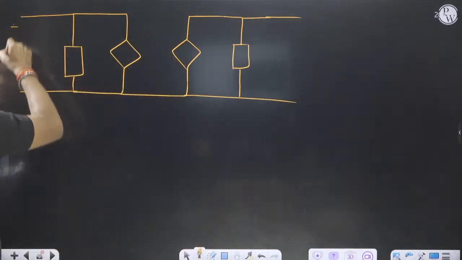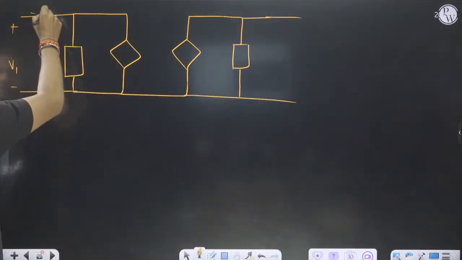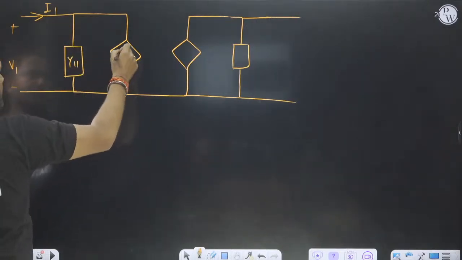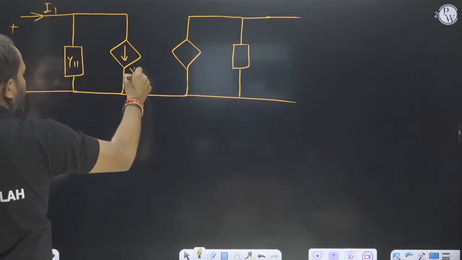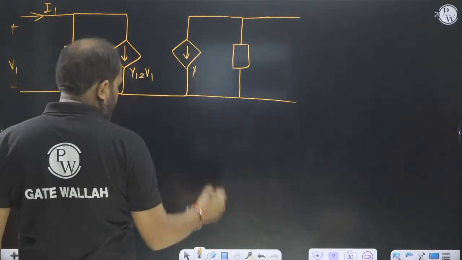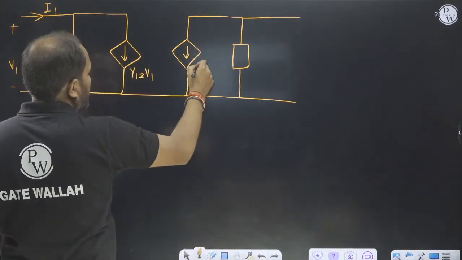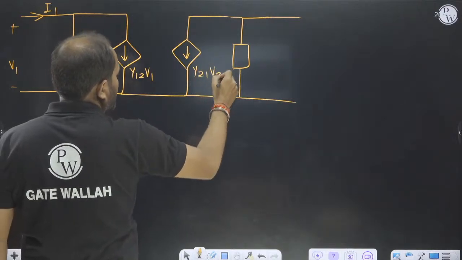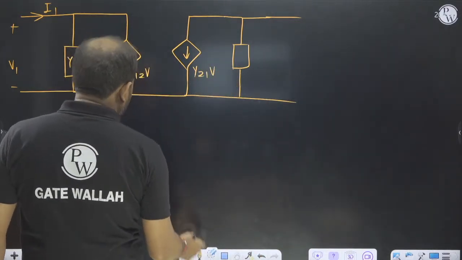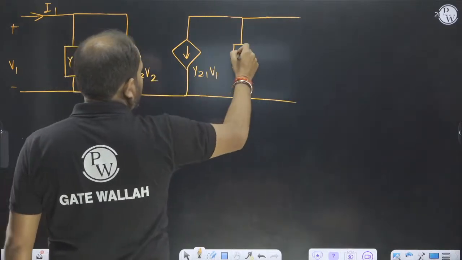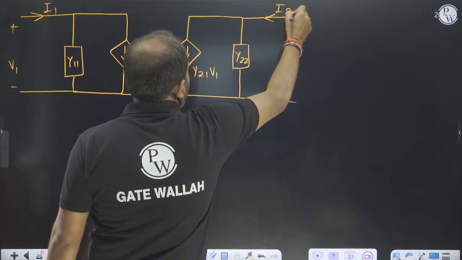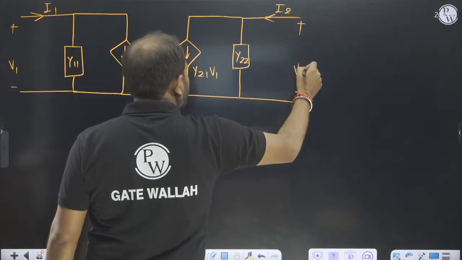This one is V1, this one is I1, this one is Y11, and this one is Y12. This one is Y21, and this one is Y22, with current I2 and voltage V2.